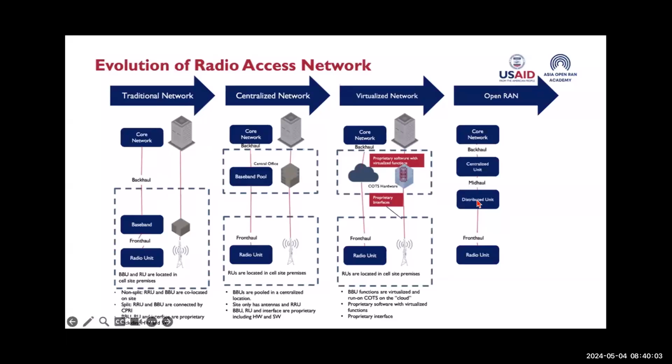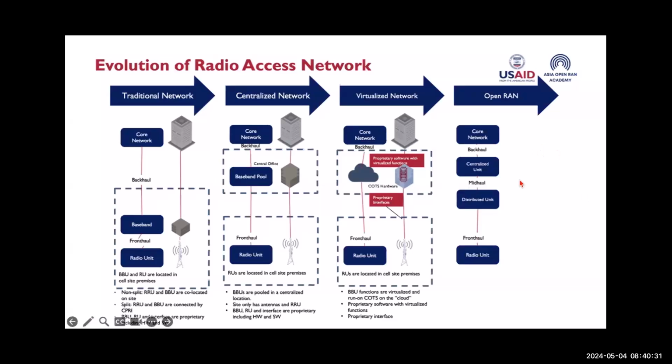If you want to have a high data throughput, you can put multiple distributed units in that area, and then you can separate the control plane and the user plane of your network. So that flexibility opens up during the deployment of Open RAN. And that was also adapted in the 5G, and that was also adapted during the Open RAN deployment.